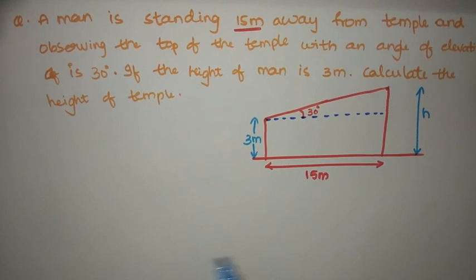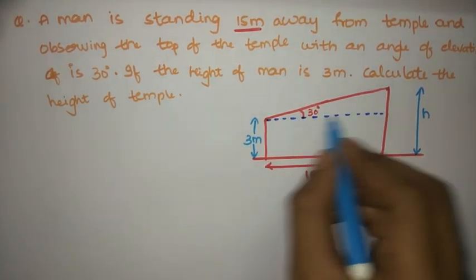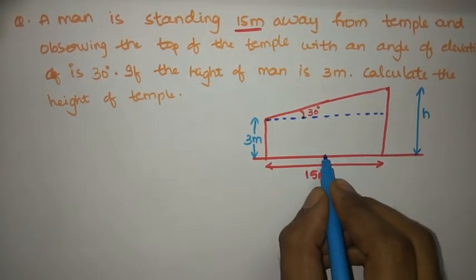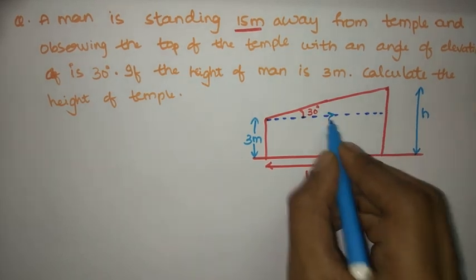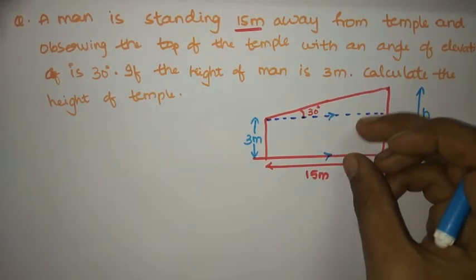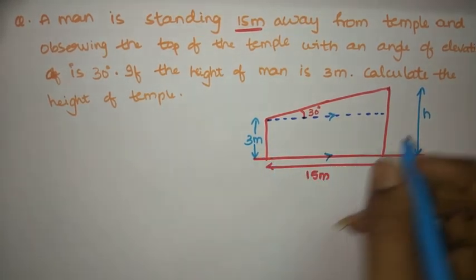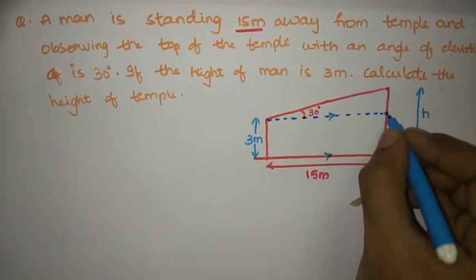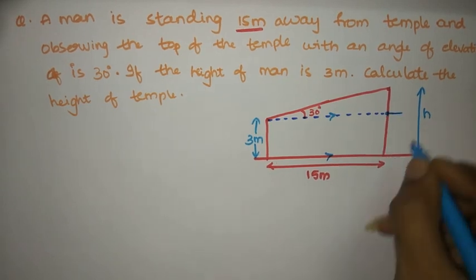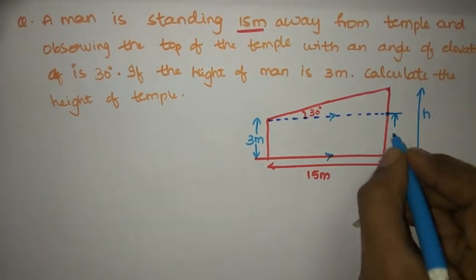Since this line of sight is parallel to the ground, these both are parallel lines, and the distance between parallel lines will always be the same. So if this is 3 meters, this will also be 3 meters. From this point to the ground it will be 3 meters.